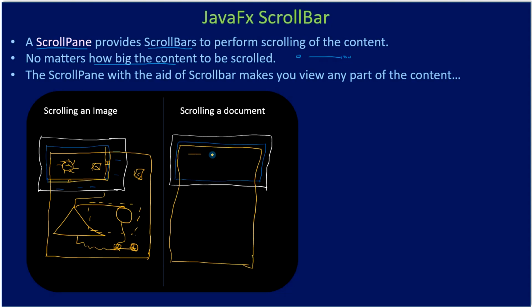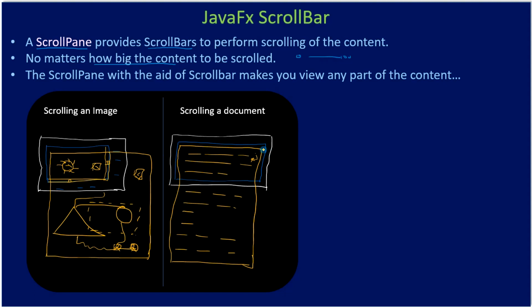So you can perform scrolling of a text based document as well. So here if you see the document, if it is a text based document, you can perform a word wrap so that the lines will automatically get aligned to a specific width.